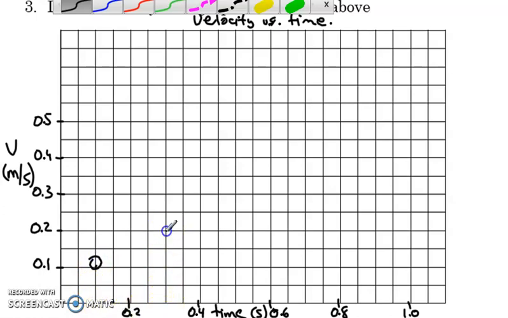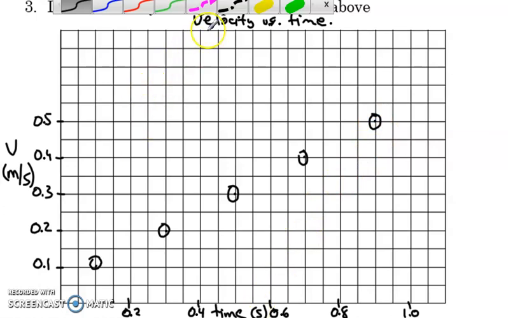Midpoint for this interval, and it's right there. Midpoint for this interval, 0.3. Midpoint for this interval, and we're going up to 0.4. And midpoint for the last interval, and it's at 0.5.